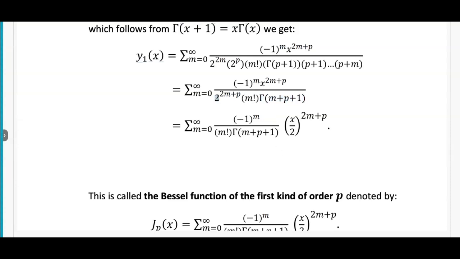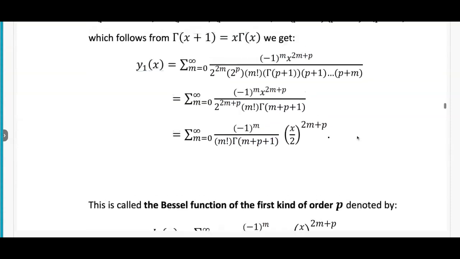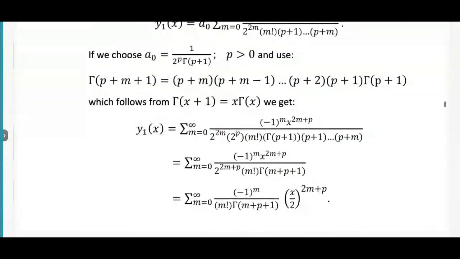Because this is 2 raised to 2m plus p and this is x raised to 2m plus p, they have the same exponent. We can write this together as x divided by 2, raised to 2m plus p. In this case, we see this coefficient is very neat: -1 raised to m, over m factorial times gamma of m plus p plus 1. Anyone has any question?